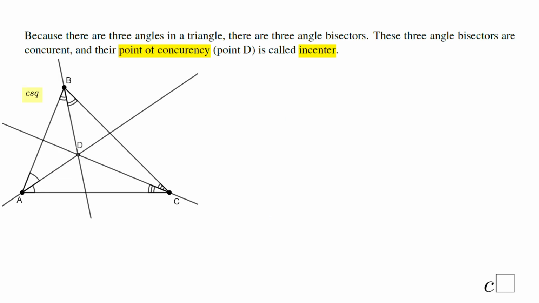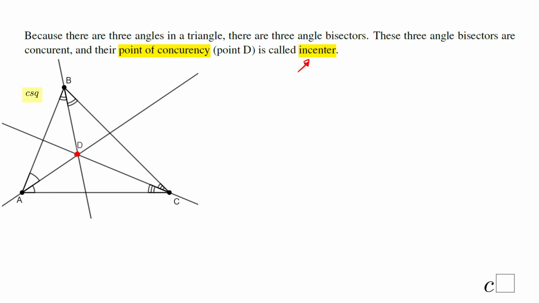Okay. Now we're going to move to the second part of the lesson, where we talk about the intersection of the angle bisectors of a triangle. Because there are 3 angles, obviously we have 3 angle bisectors. The point of concurrency, the point where these 3 angle bisectors intersect, is called incenter.